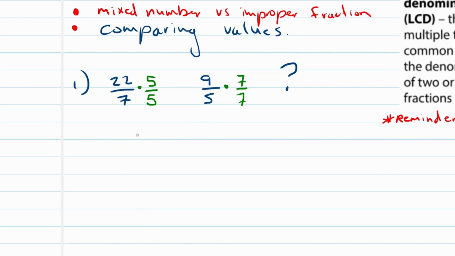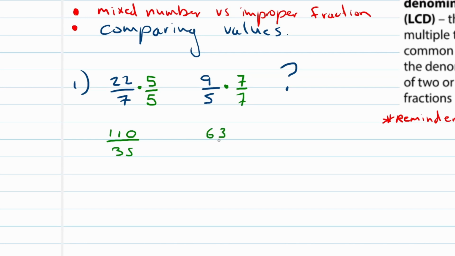Okay, so next step. 5 times 22 is 110. So over here we can write this down as 110 over 35. And our second fraction, 9 times 7 is 63.